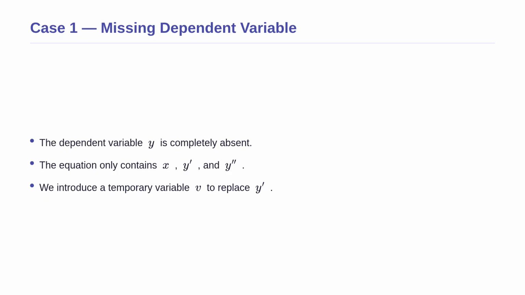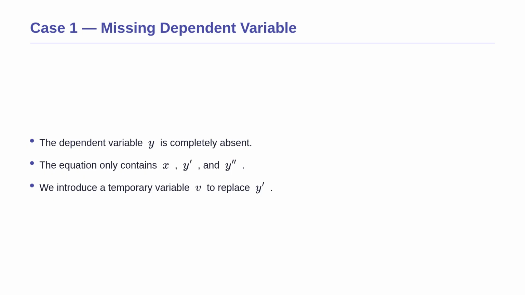We call this case 1, where the dependent variable is missing. In most problems, the dependent variable is the function we want to find, often written as y. If you look at your differential equation and notice that the plain letter y does not appear anywhere, you are dealing with this exact case.